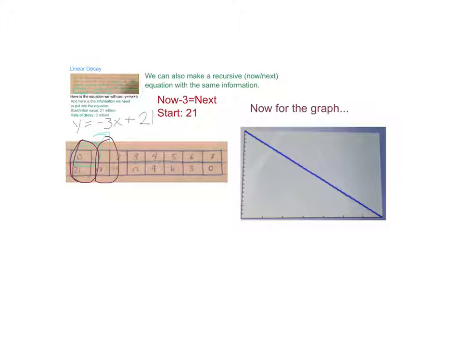You can see where the ordered pairs would go: there, there, there, there, there, and there, to make a line showing that it is a linear graph. And because it is traveling downwards from left to right, it is decay.